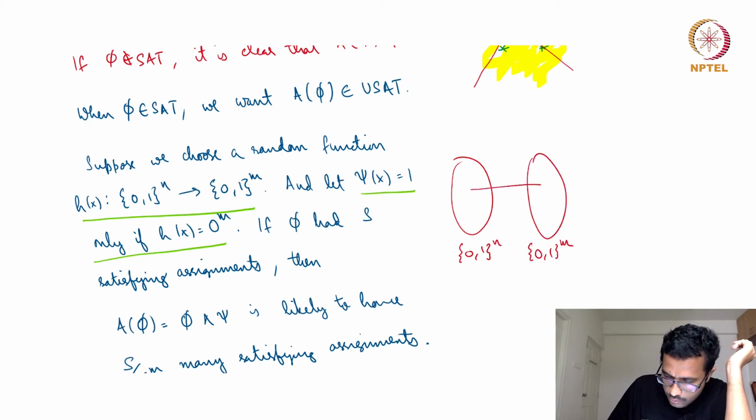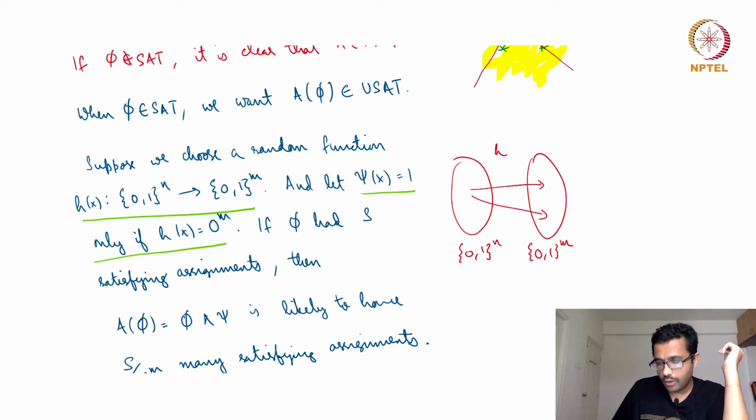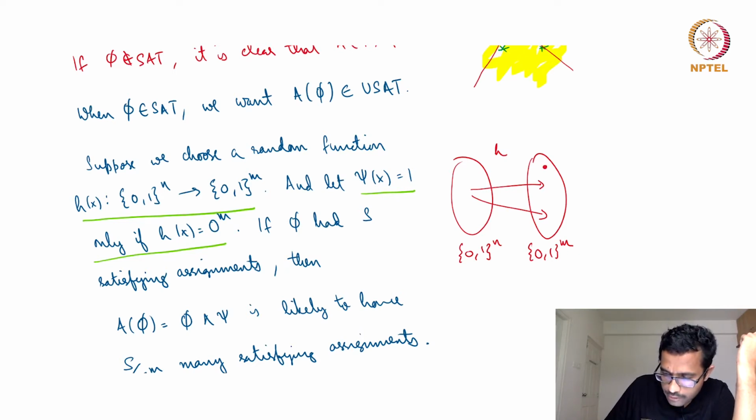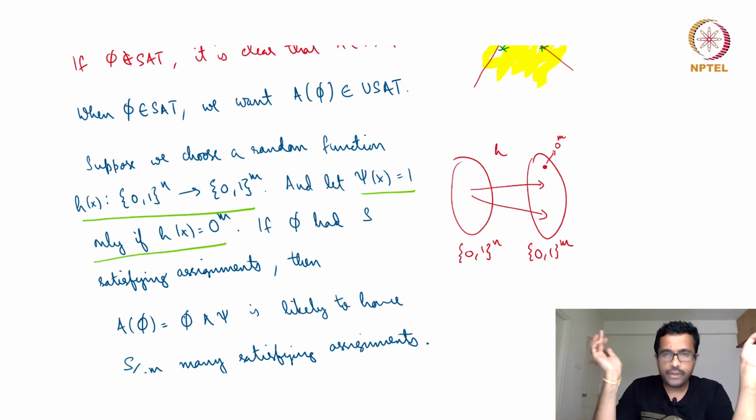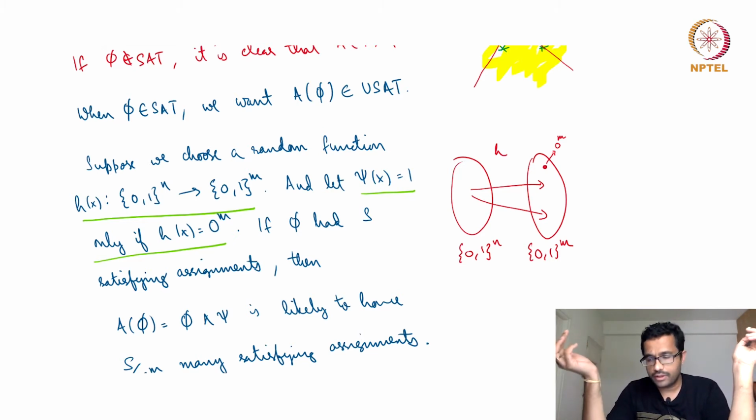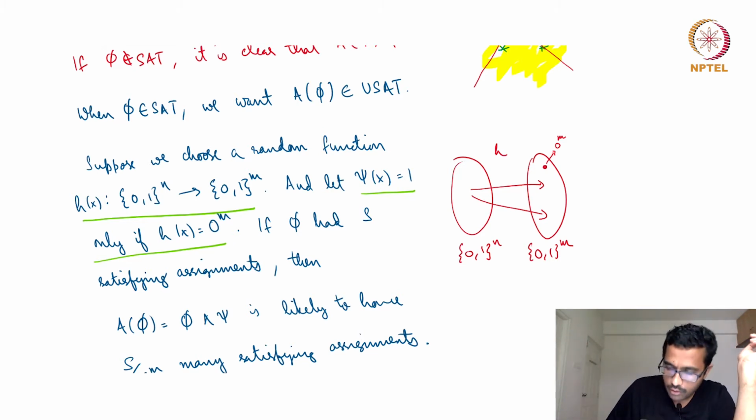You expect h to be a random function, so h will distribute all the inputs to random outputs on the right hand side. How many inputs do you expect to go to the all 0 output? You expect roughly an equal number to go to each output. So you expect 1 divided by 2 power m of the inputs to go to the all 0 output.